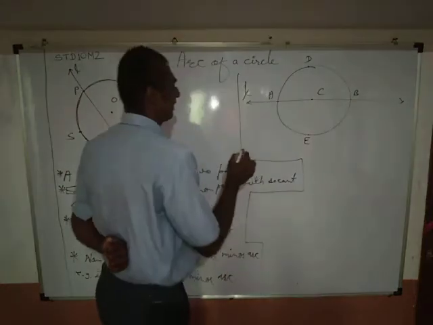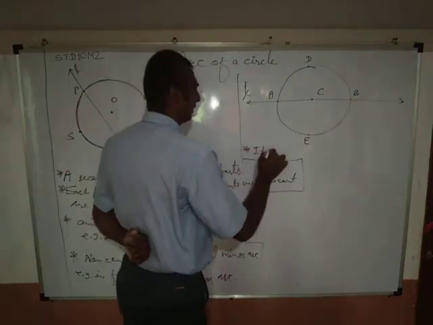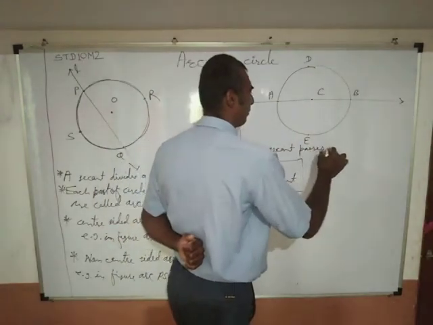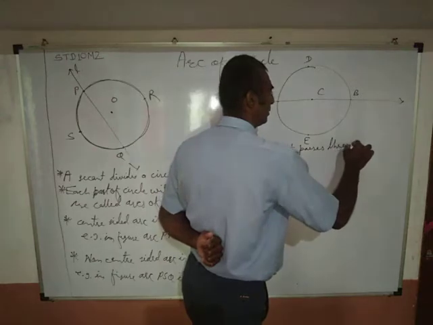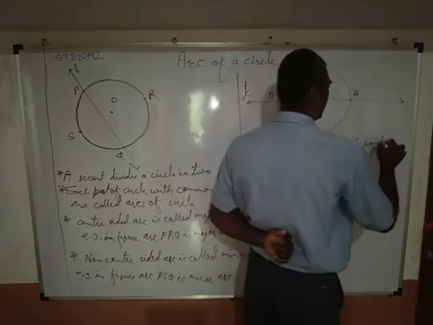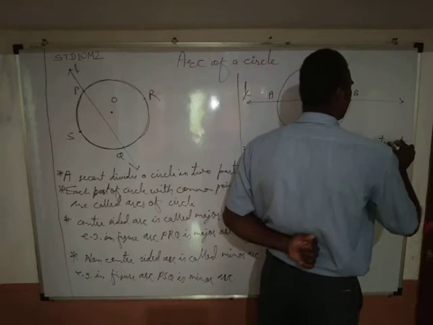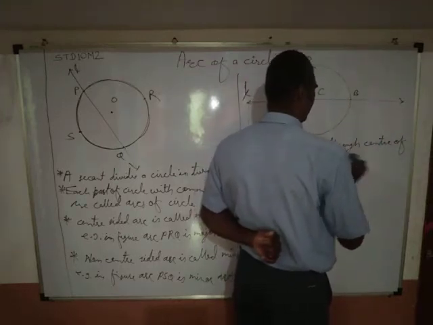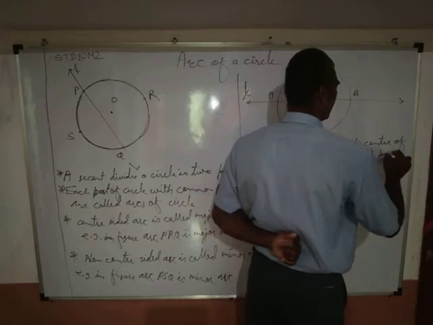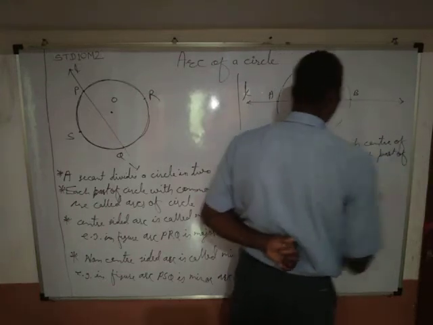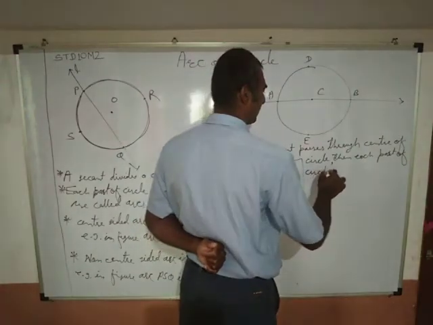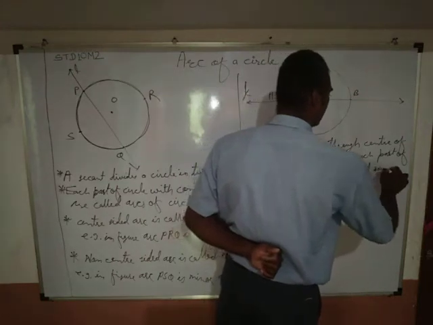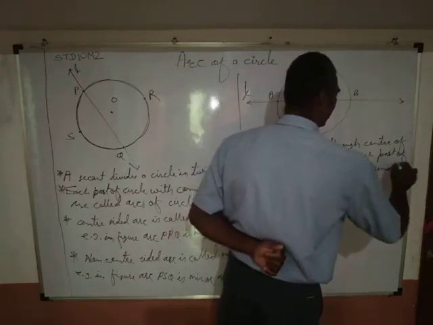Okay, let's mention here, if secant passes through center of circle, then each part of circle is called semicircle.